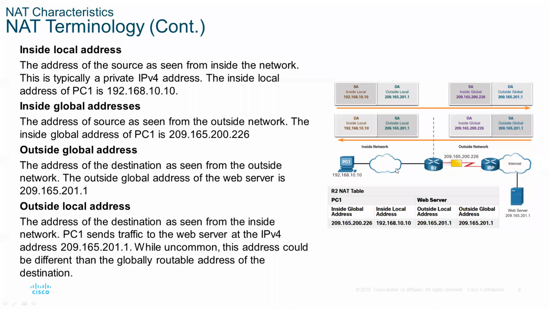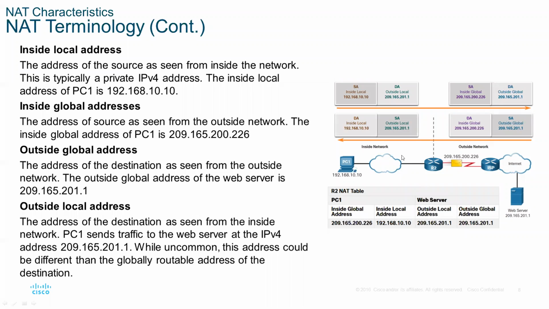All right. So from PC1, this is the addresses in the header as it arrives in router 2. Before it exits router 2, because these private addresses are not routable, it cannot be routed to an external interface and be pushed out to the internet. So it needs to be translated into the global address that can be used on the outside.